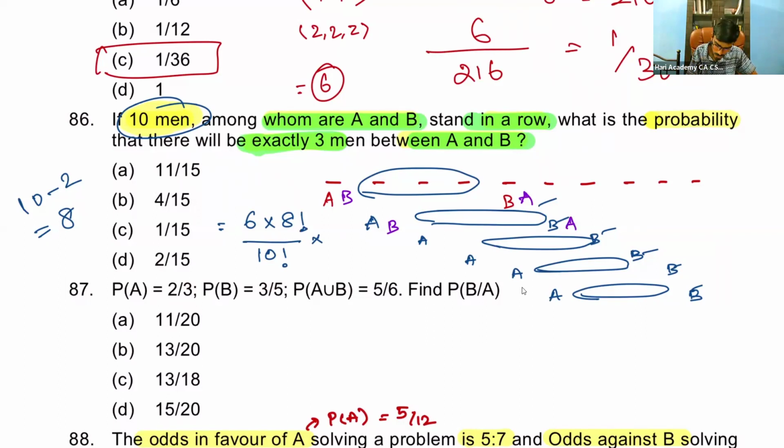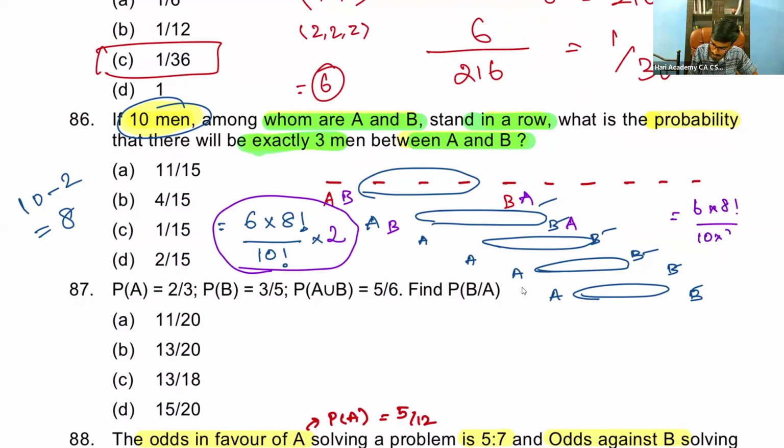So I have to multiply this: 6 into 8 factorial divided by 10 into 9 into 8 factorial into 2. Now 8 factorial cancels. If you cancel this, it will become 3. If you cancel this, it will become 2 divided by 15. Option D is my answer.